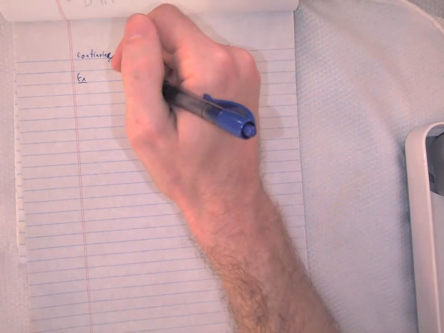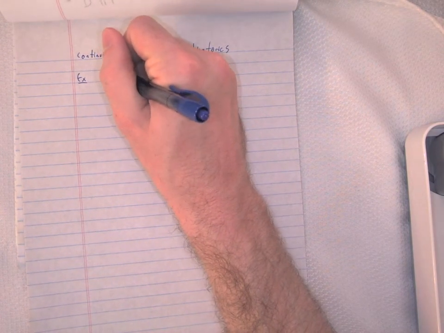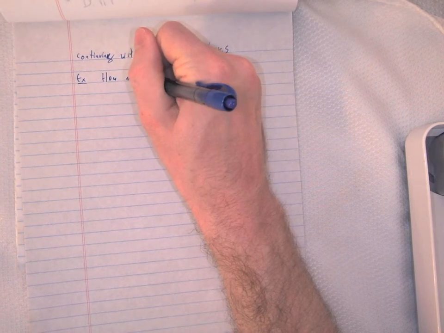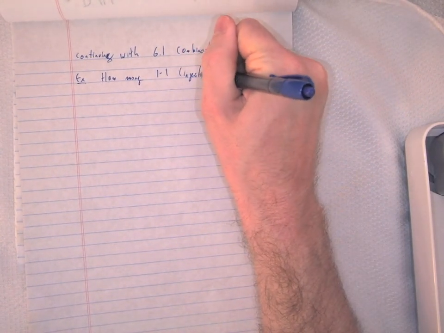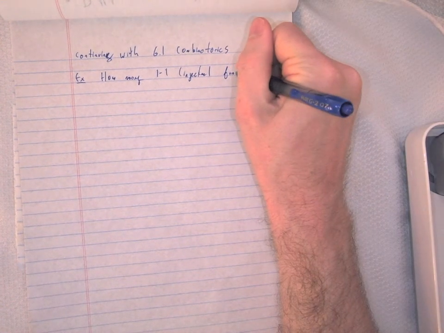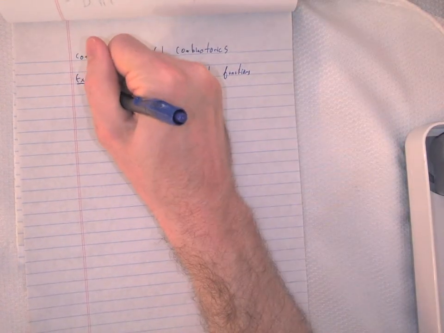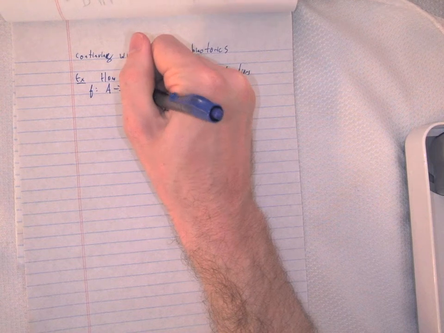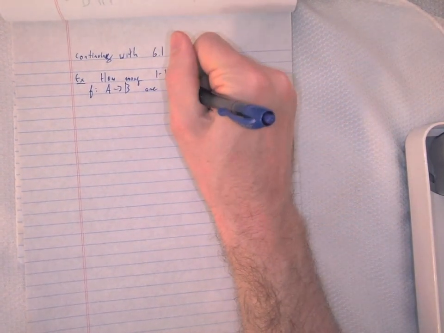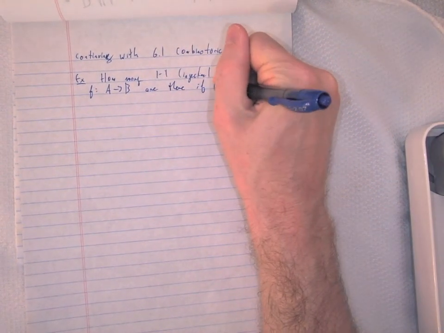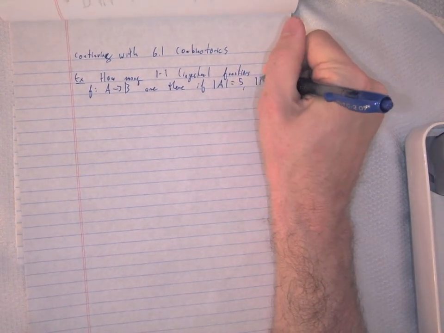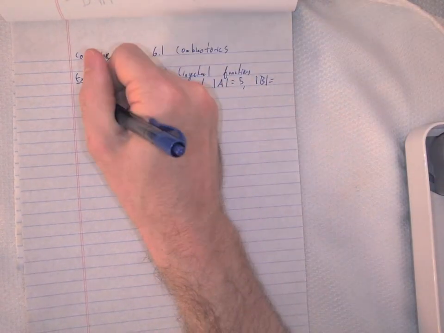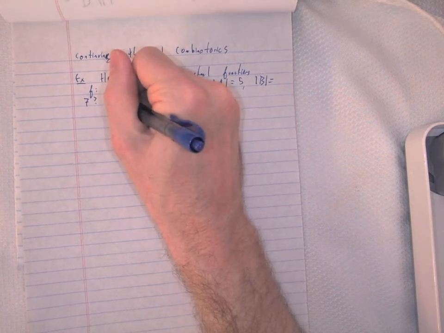Okay, just for some warm-up, how many one-to-one or injective functions f from A to B are there if the cardinality of A is equal to 5 and the cardinality of B is equal to 7 or 8?